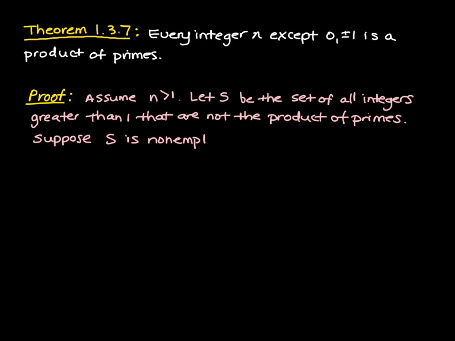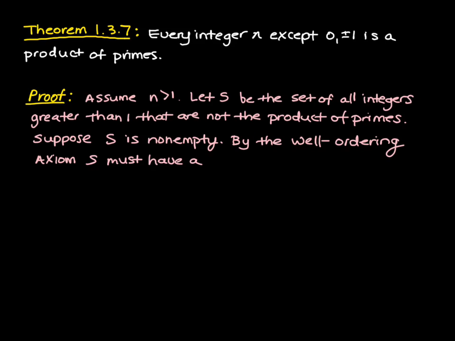Now everything in S is an integer greater than 1, and so we know by the well-ordering axiom that S must have a smallest element. And let's give that least element a name. Let's call it M. So what can we say about M?